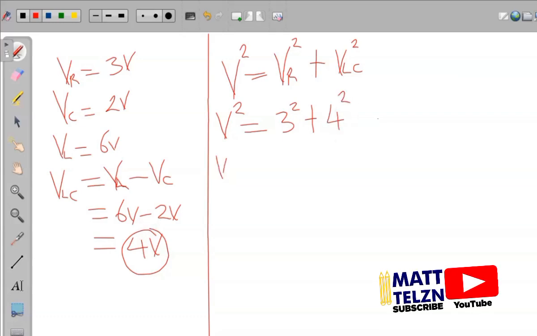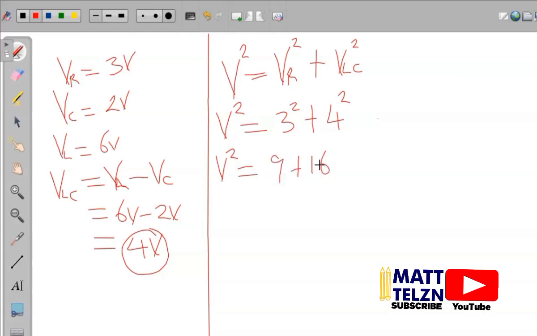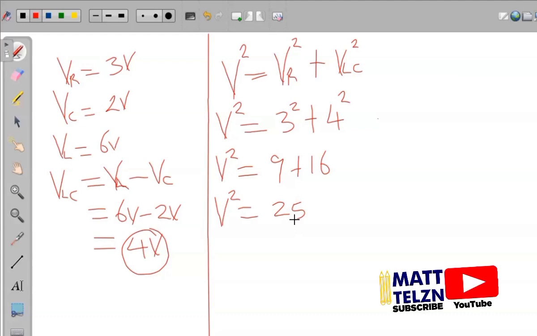So my V squared is equal to 9 plus 16, so I'm going to have V squared equal to 25. For me to find V, I am going to square root both sides.